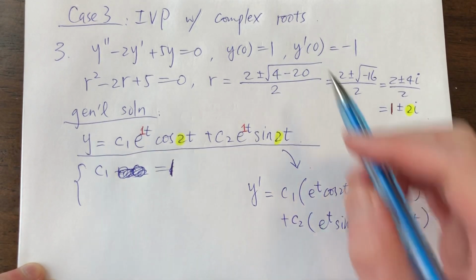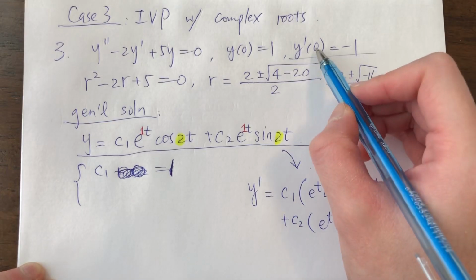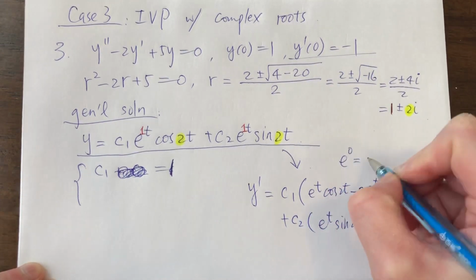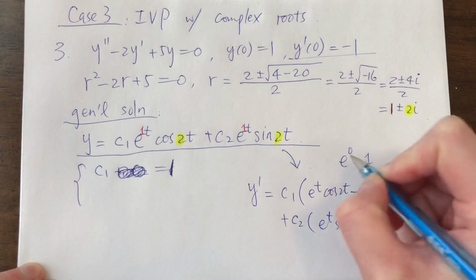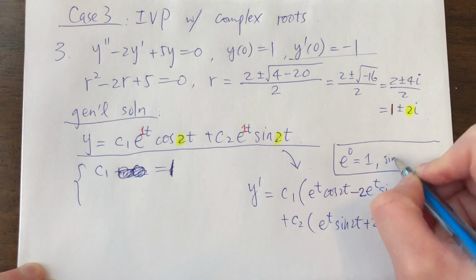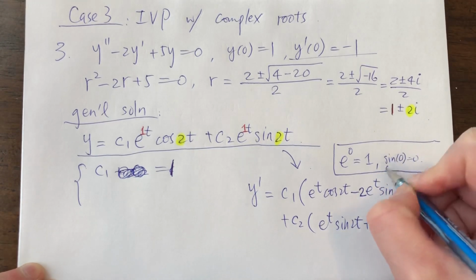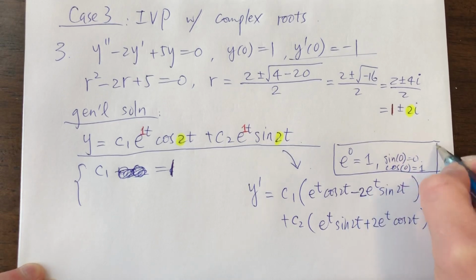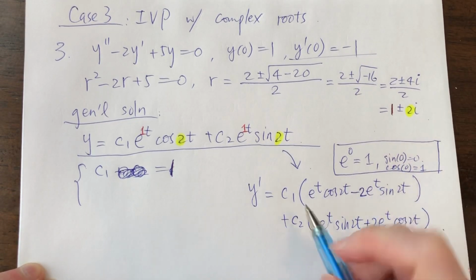So now you can use the second condition. Plug in t equals 0 here, and again, be careful: e to the 0 is 1, sine 0 is 0, cosine 0 is 1. So these three things will help you.